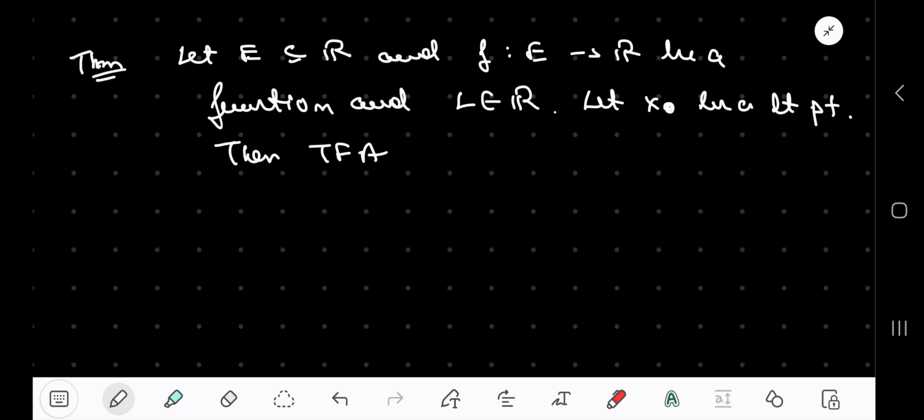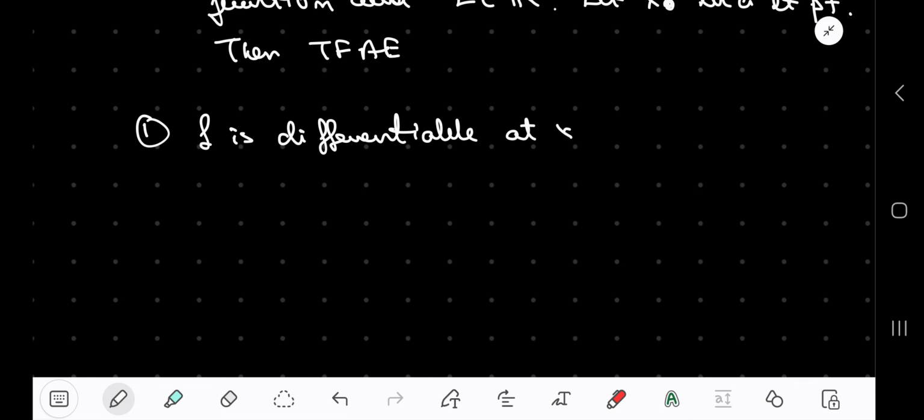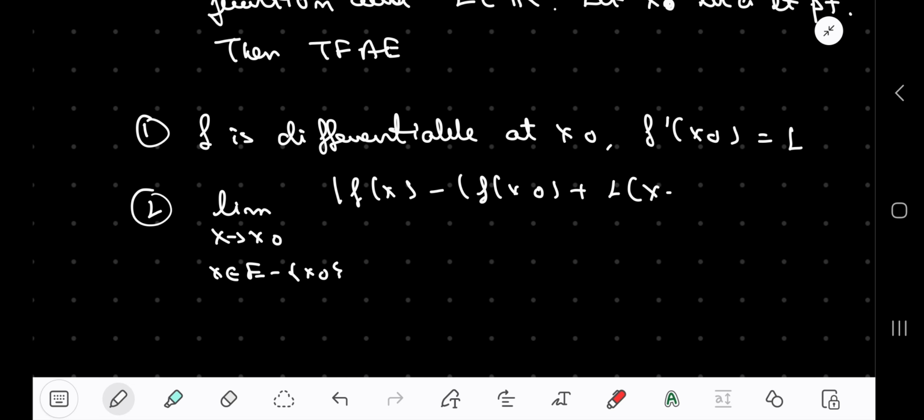Then the following are equivalent. Number 1, f is differentiable at x naught and f prime at x naught is equal to L, and number 2, limit x tends to x naught, x coming from E minus x naught, of the quotient f of x minus f of x naught plus L times x minus x naught, by x minus x naught, is 0.